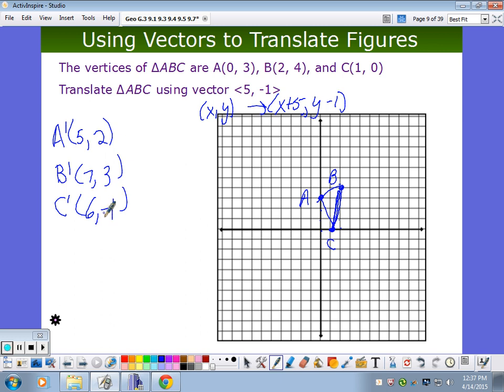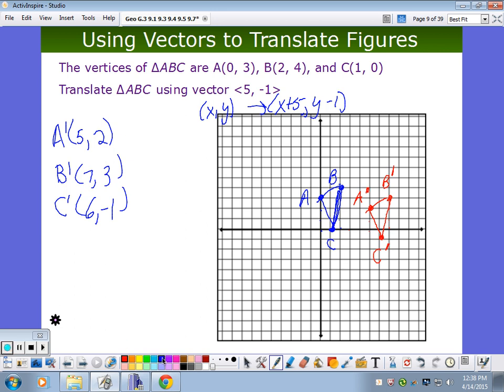Okay, and now I can graph these guys. So let's see, 1. These are primes. I think I did it right.